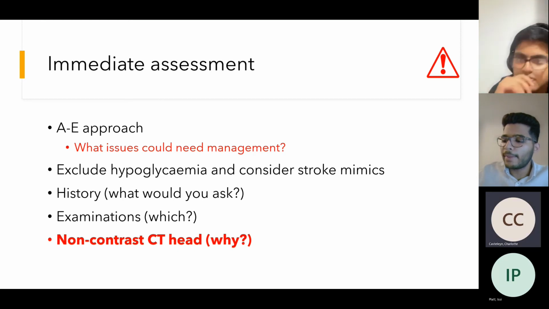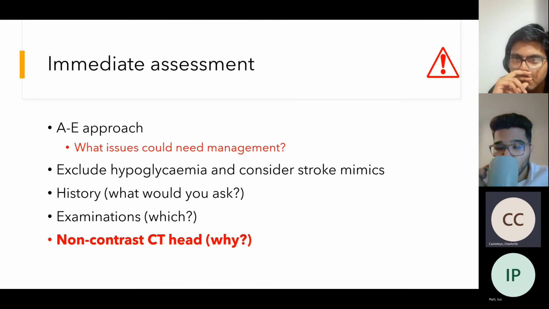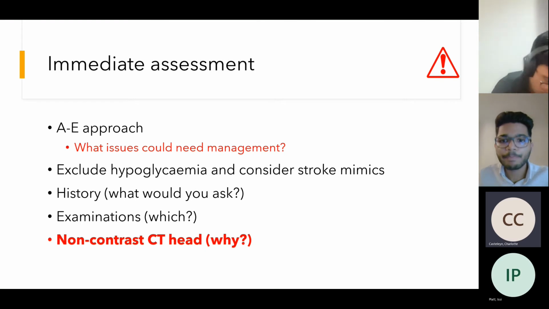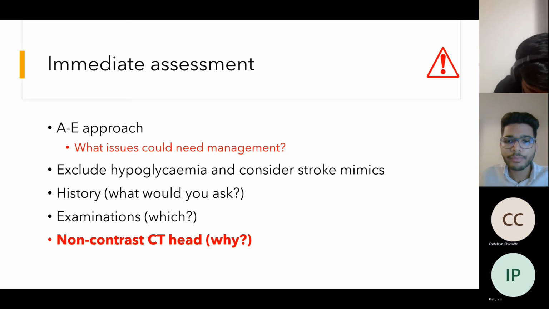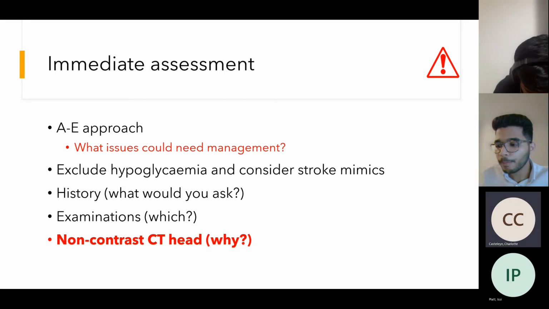So first, sorry, carry on. In terms of the A to E approach, the issues that need management are obviously the airway, breathing, circulation. So make sure that that's all intact. And then in terms of a history, you could ask about family history or past history.